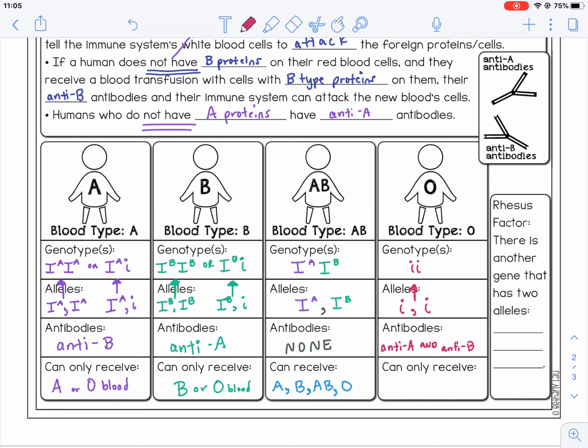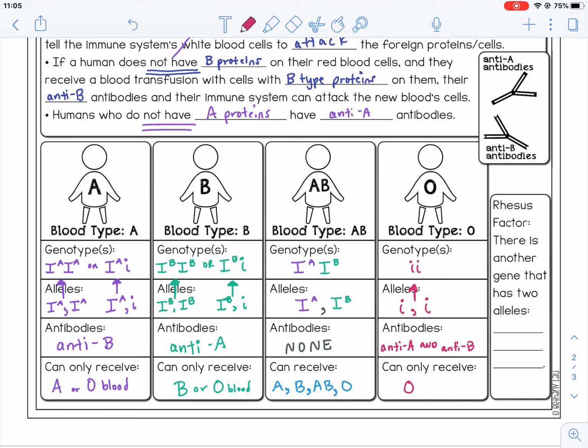So you can't receive any blood that has any A in it or any B in it. So you can't receive any A, you can't receive any B, you can't receive any AB. Only thing that a person with type O blood can receive is more type O blood.